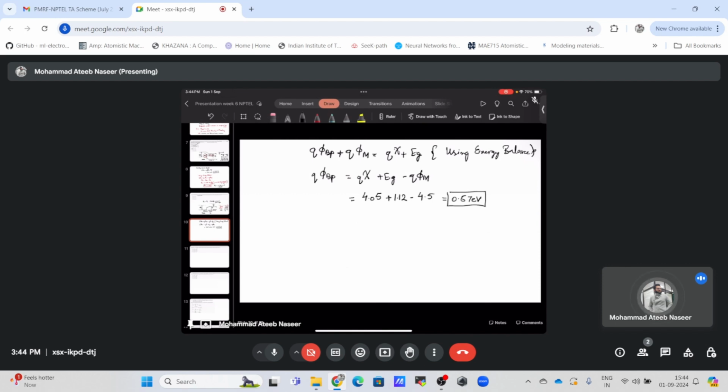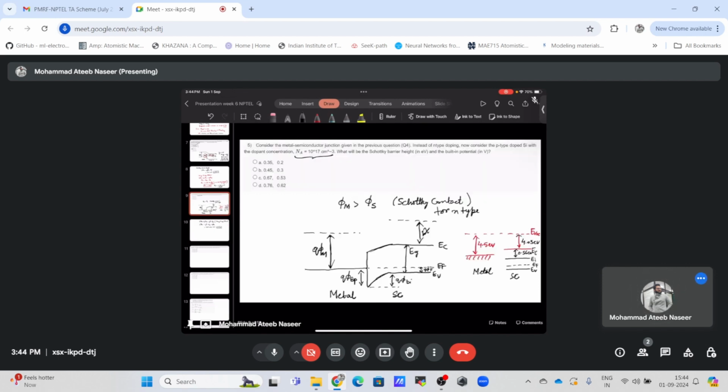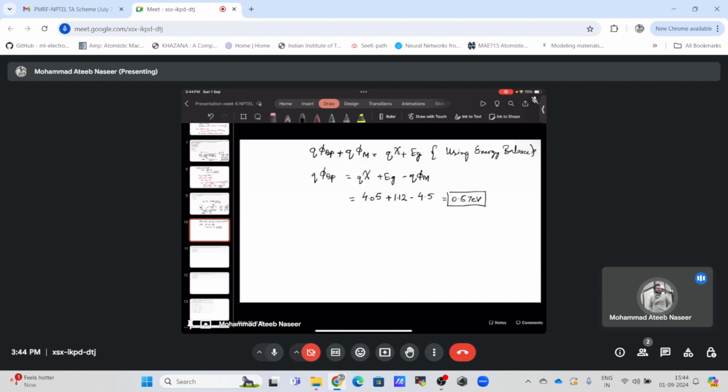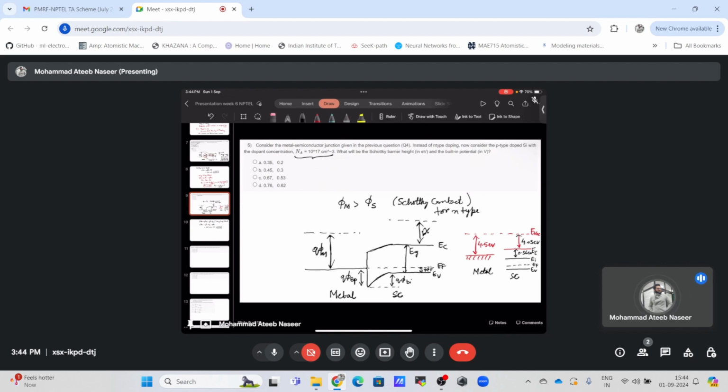So it's 0.67 electron volts for the Schottky barrier. Now that we have the Schottky barrier, we have to find the built-in potential in this problem. As previously solved, for this p-type contact, q phi bp equals q phi f plus q phi bi.